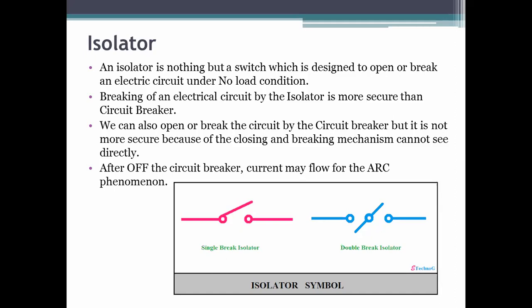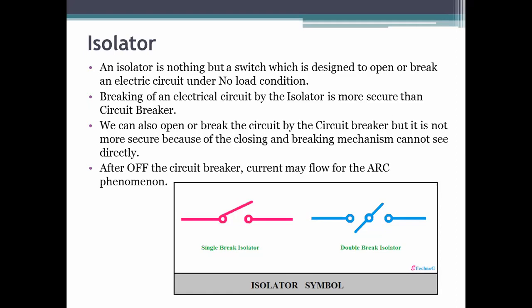So an isolator is nothing but a switch which is designed to open or break an electric circuit under no load condition. Means if there is no any load, that time only we can use these isolators. Then the breaking of an electrical circuit by isolator is more secure than the circuit breaker.